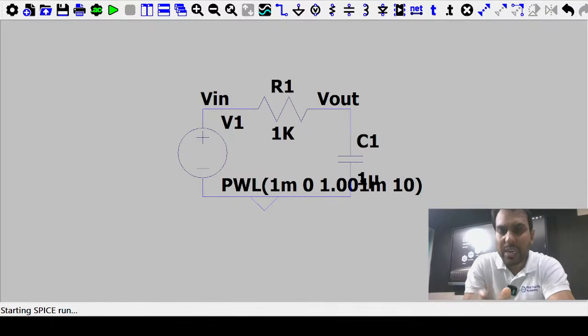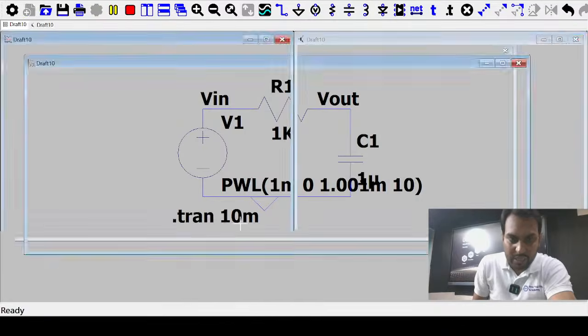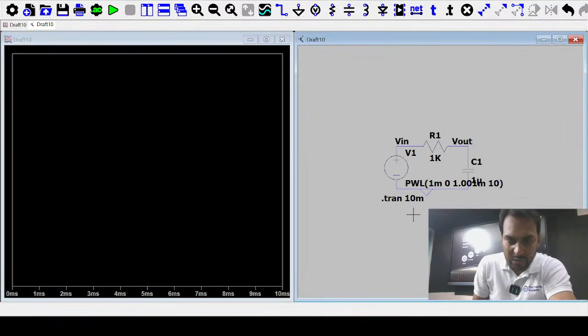After 1 millisecond, it rises to 10 volt with a 1 microsecond difference, and is maintained at 10 volt. Why am I not taking much more time? Because if you take that much time, it will take a difference of delta t, and I want a sudden change. That's why I take a very small time, 1 microsecond. In 1 microsecond, it rises to 10 volt. So this is the way, and this is 10 millisecond.